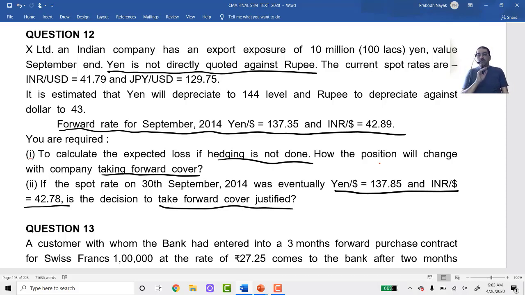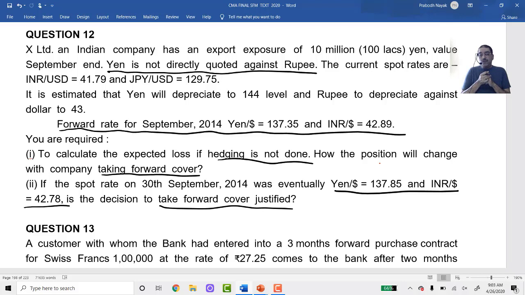So first we have to do no hedging, hedging, difference. Then, if the actual rate is something else, did the hedging help us or not?